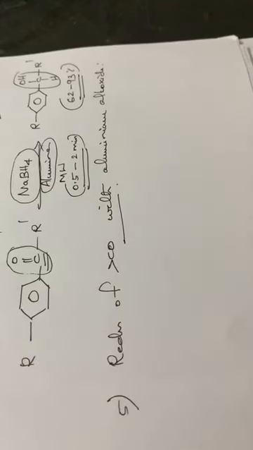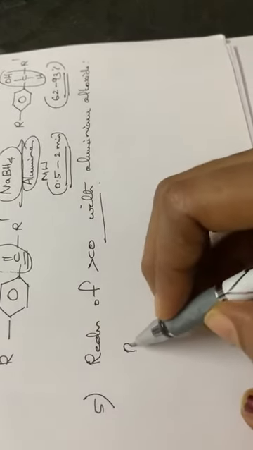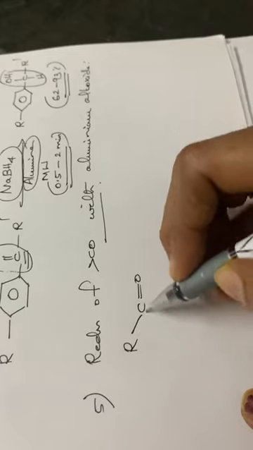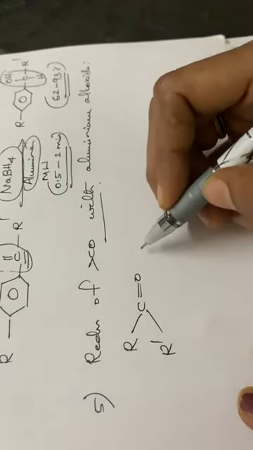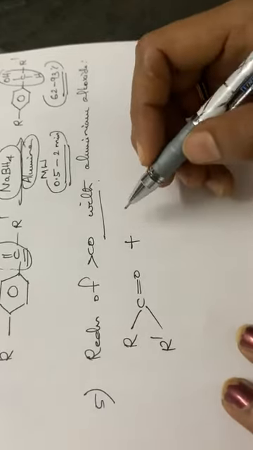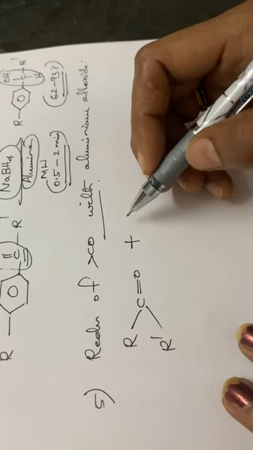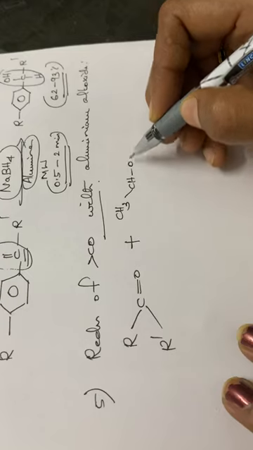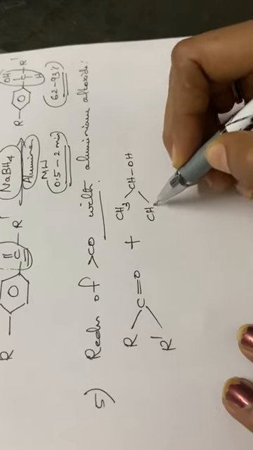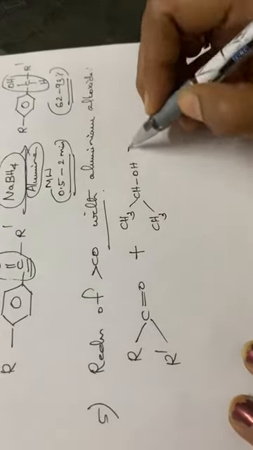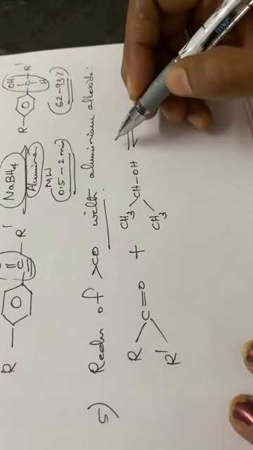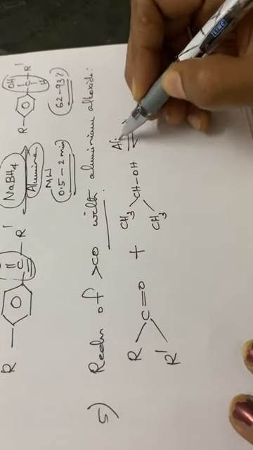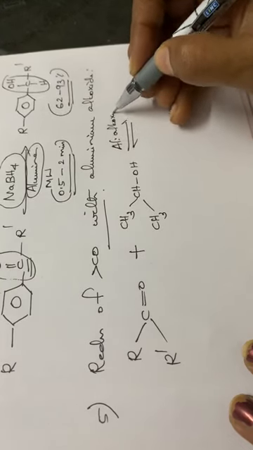See here, a keto group R, C double bond O, R dash, a ketone, plus isopropyl alcohol, that is CH3CHOHCH3.